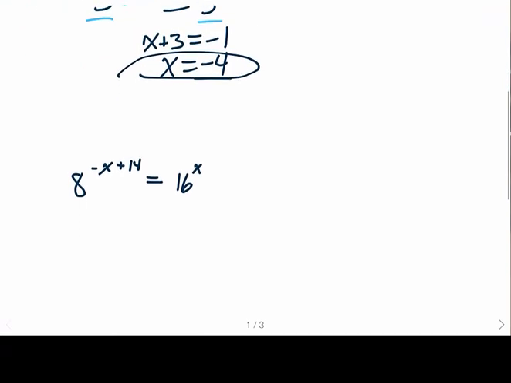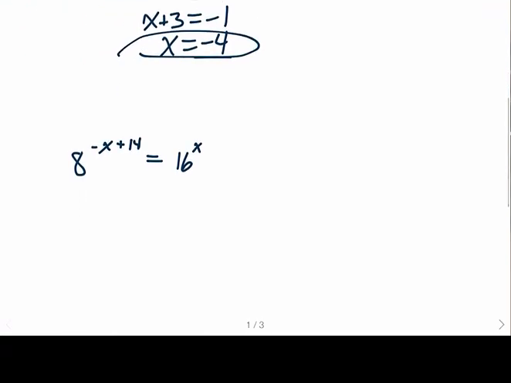Next, we have 8 to the negative x plus 14 is equal to 16 to the x. I don't see matching bases. However, I see a common base. 8 can be expressed as having a base of 2. And in fact, 8 is 2 cubed.